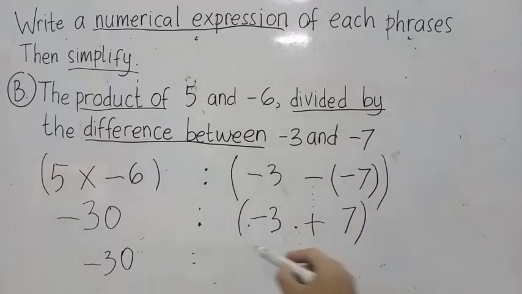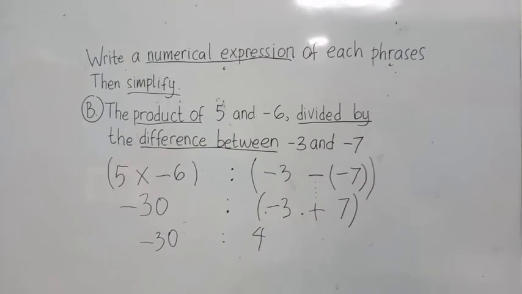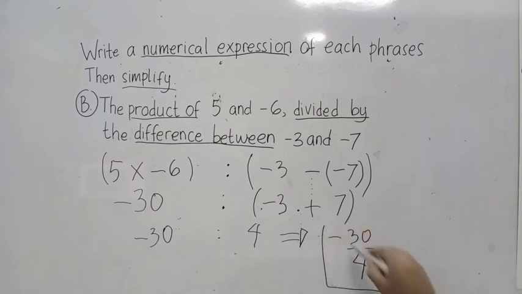We can write positive 4. Now you can find the answer. Negative 30 divided by 4. We can write it as a fraction, negative 30 over 4. You can look at your textbook and complete it.